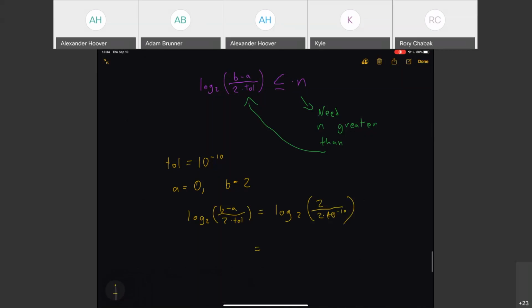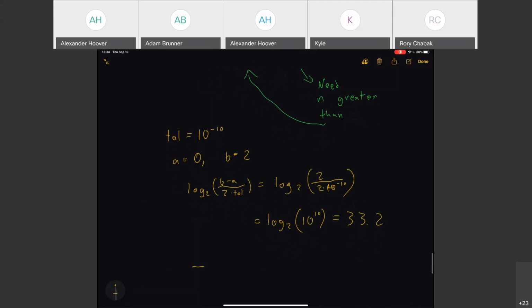So we're left with log base 2 of 10 to the 10, which is equal to 33.2. So from that, we can say that we need n equal to 34 iterations.